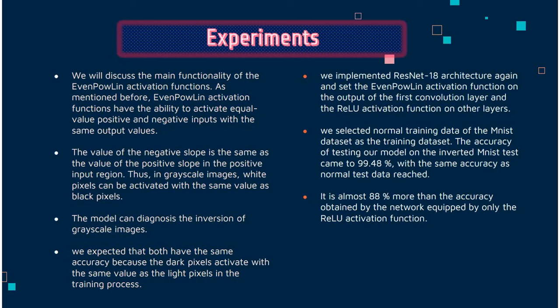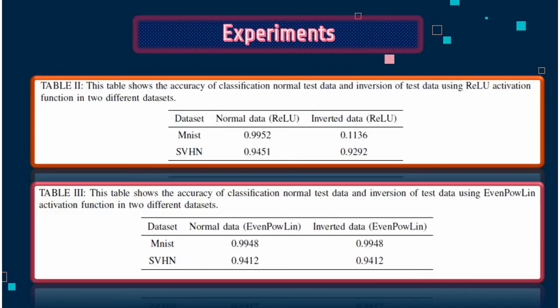We selected the normal training data of the MNIST dataset as the training dataset. The accuracy of testing our model on the inverted MNIST test came to 99.48%, the same accuracy as the normal dataset. As you can see here, on normal datasets, using ReLU on all convolution layers gives us around 99%.